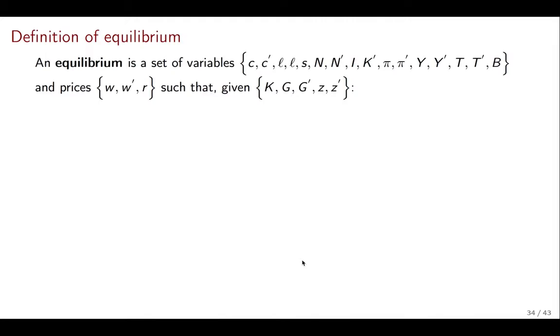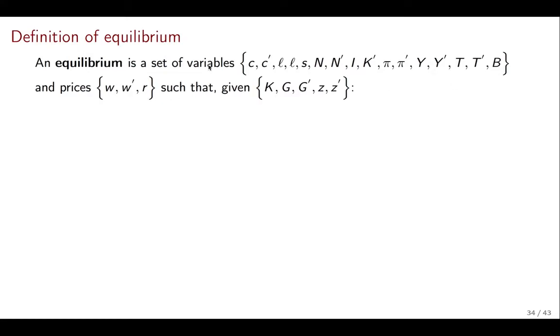An equilibrium is a set of variables. Note that here I'm listing all the variables in the economy that somebody is choosing. Consumption today and tomorrow, leisure today and tomorrow, the savings of the consumer, labor demand today and tomorrow, investment and capital tomorrow, the profits, output, taxes, government debt.